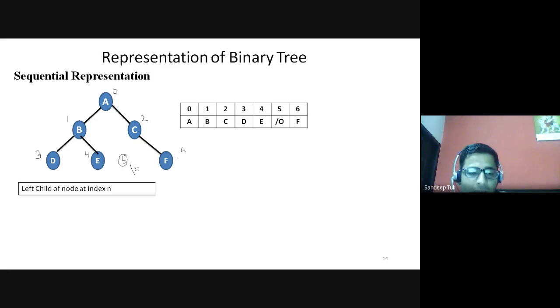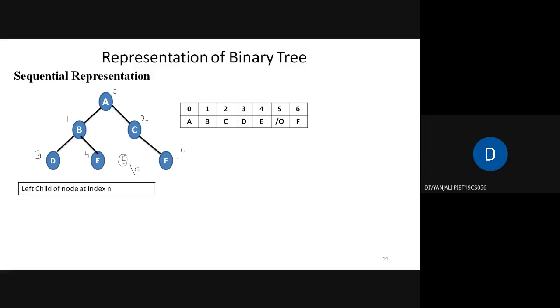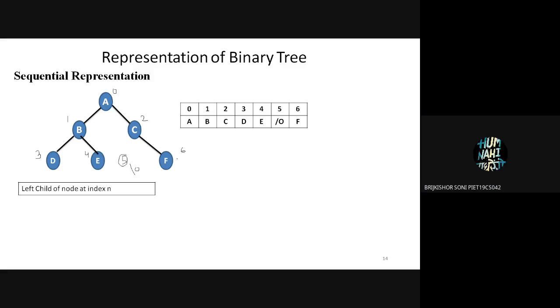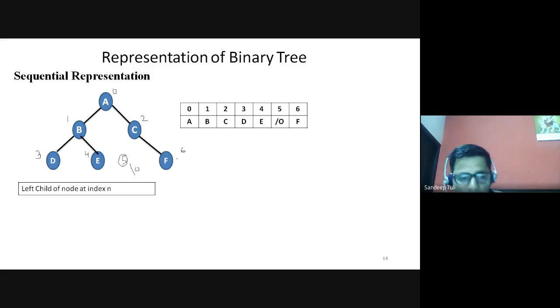What will be the index of its left child? n+1. One answer we got: n+1. Tell me more.